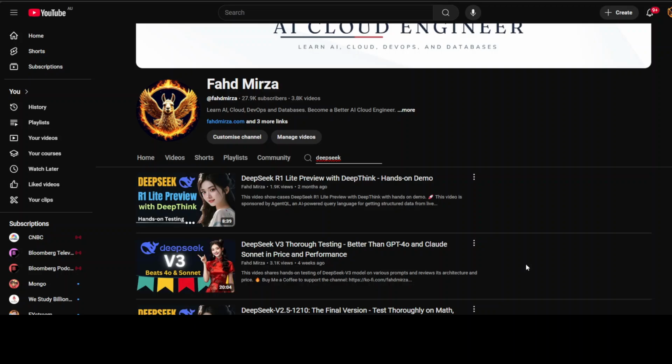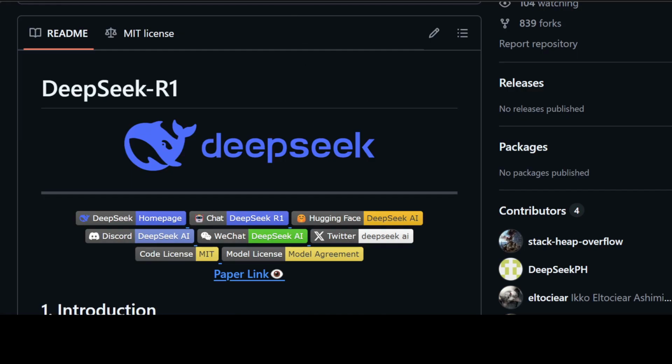It was also an open weight model. It was a mixture of experts model, and it comprised 670 billion parameters, of which 37 billion were active. And the same is the case with this new R1 model. So the R1 model takes all the best things from this V3 and improves upon it.